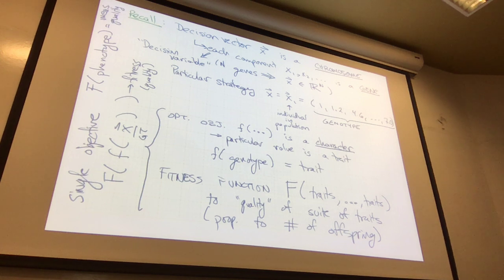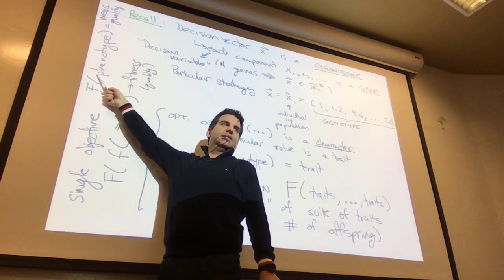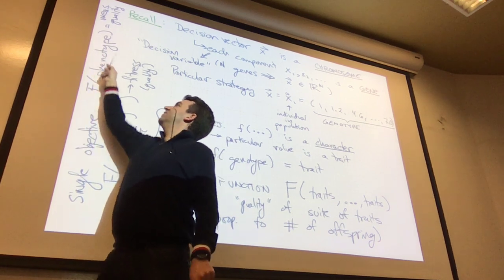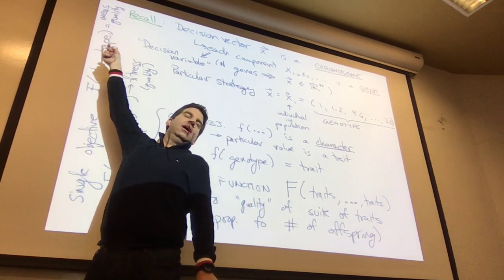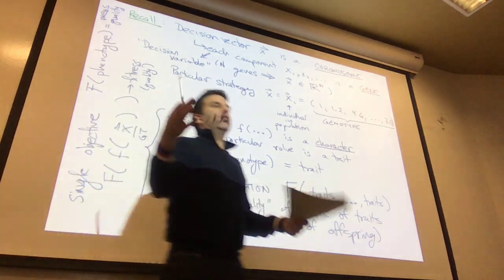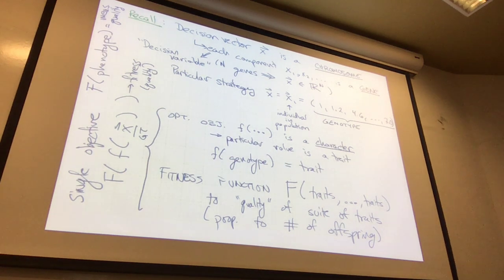So it takes a phenotype which might have multiple traits in it. So this might be a vector-valued quantity here. And this functional then turns that into a scalar, which allows us to rank. So fitness basically provides us a ranking mechanism for dealing with things that we view in a potentially multi-objective way.